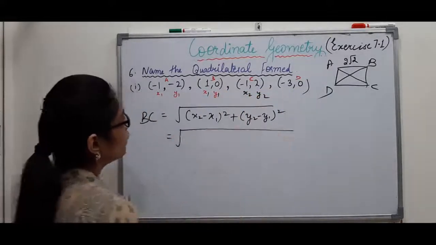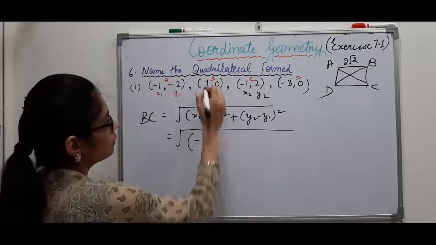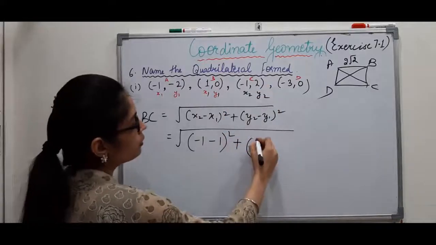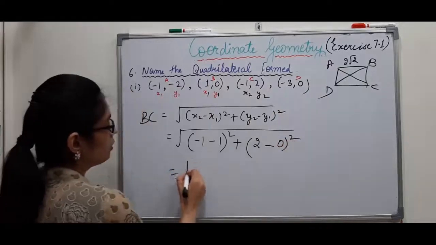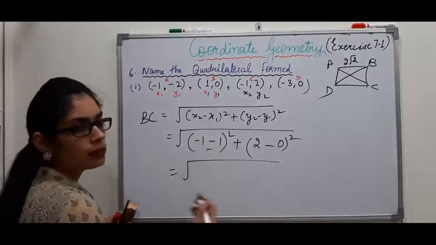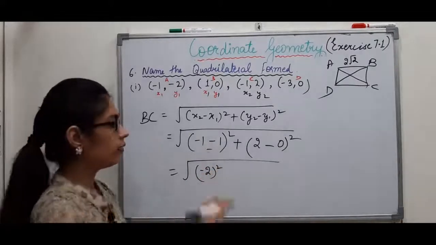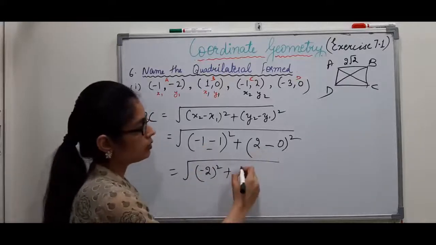So x2 is minus 1, minus x1 which is 1, plus y2 which is 2 minus y1 which is 0, whole square. So minus and minus is plus. So minus 1 minus 1 is minus 2, with a minus sign, because minus minus is plus and the sign will be minus with the answer. Plus 2 minus 0 will be 2.